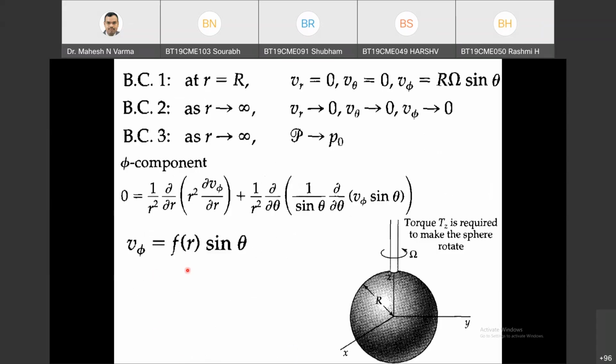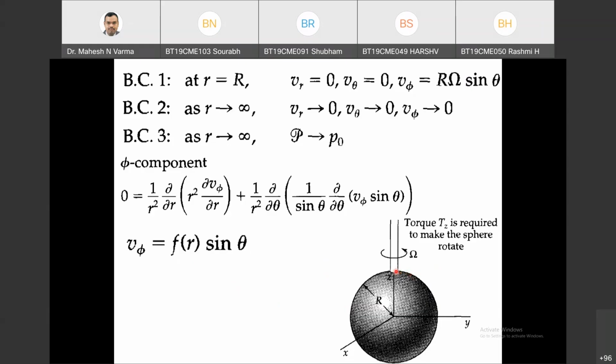You mean this, no? Yes, sir. Look, what will be the velocity at this point? 0. So here velocity will be maximum. And some function of r is there. I don't know what the function of r is, but if I move in the theta direction, it is a function of sine theta.